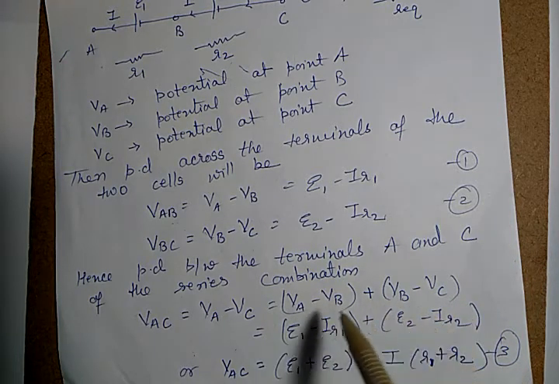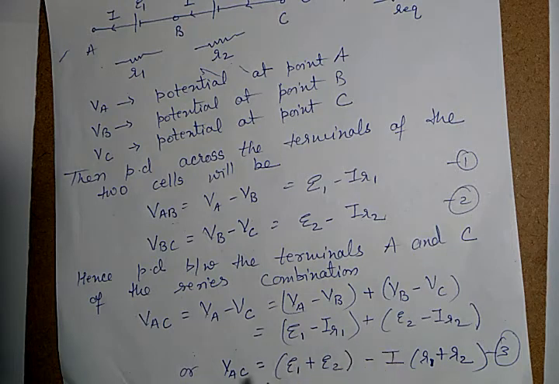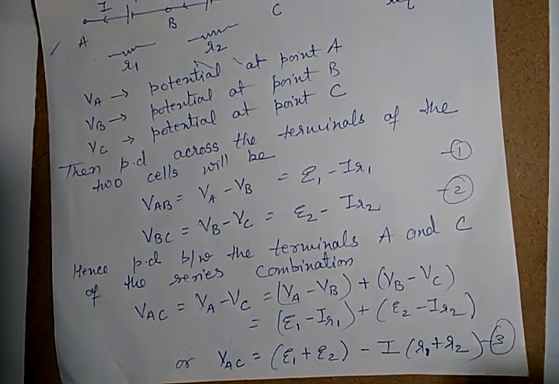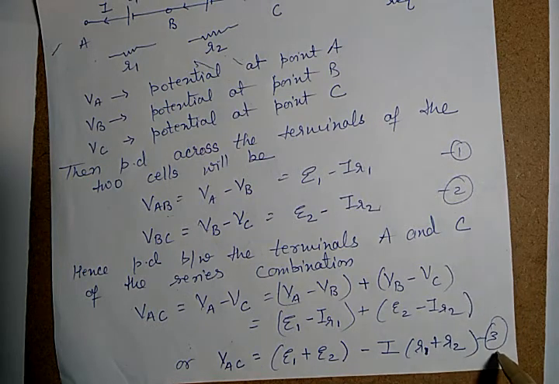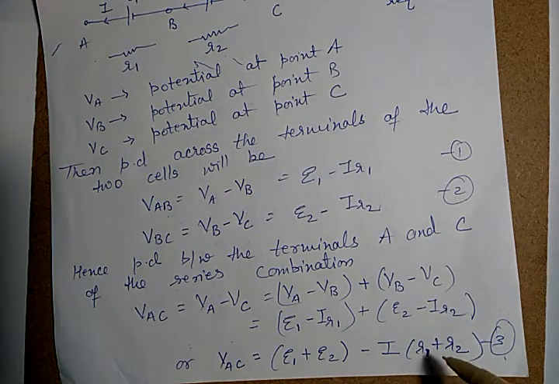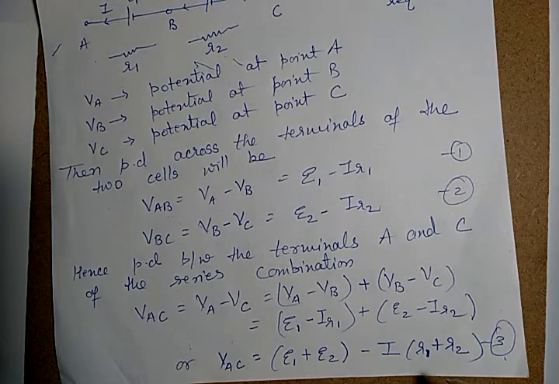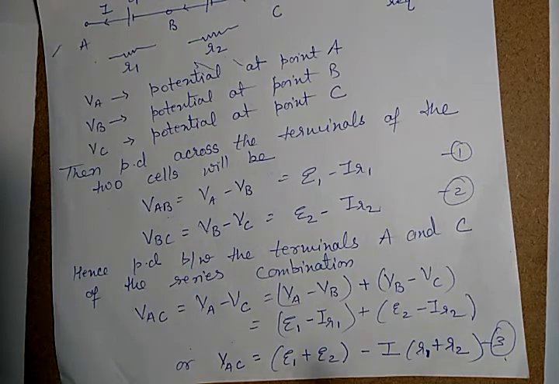Now let us substitute these values, and after solving this we get the terminal potential difference for terminals A and C as E1 plus E2 minus I times R1 plus R2. Let us mark it as equation number 3. Now this is what we have for two cells connected in series combination.